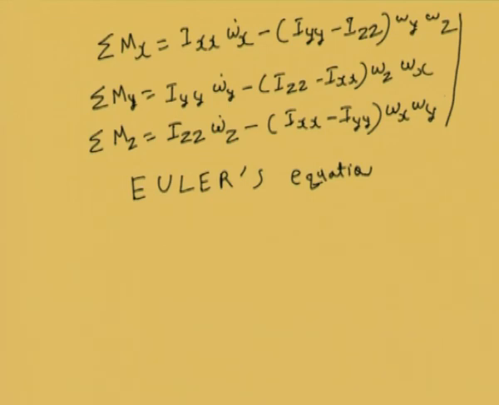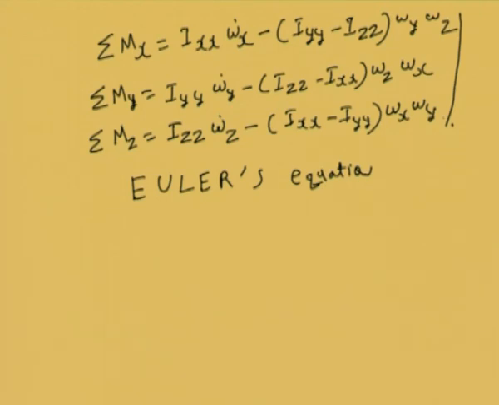So we have got these 3 sets of Euler's equations. We supplement these 3 equations by 3 equations of motion for the motion of the center of mass.